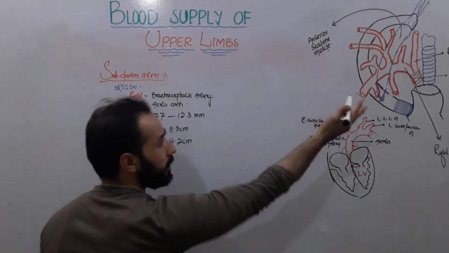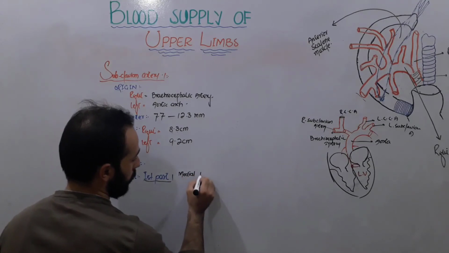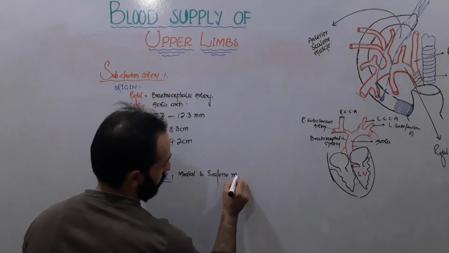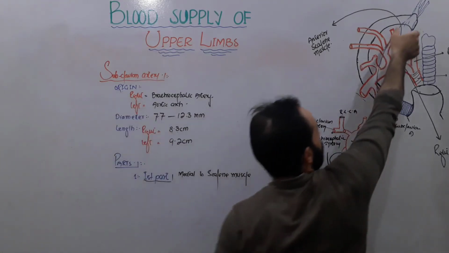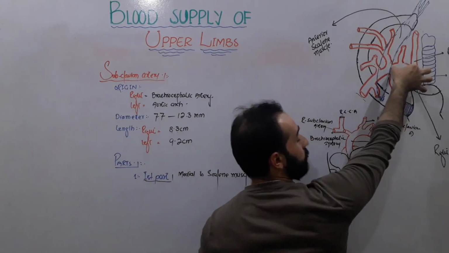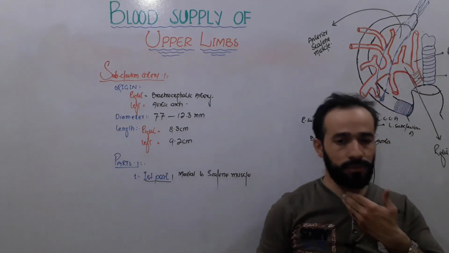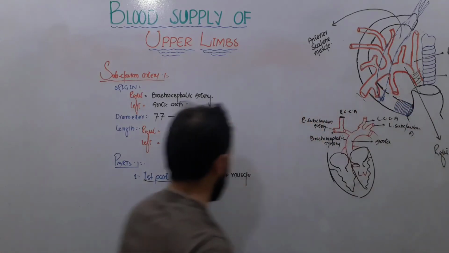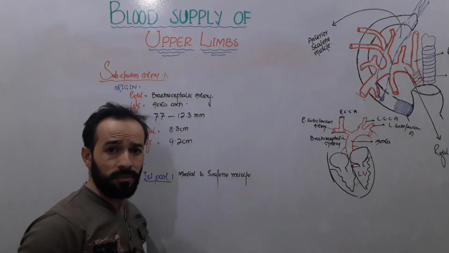The first part is medial to scalene muscle. You can see here, this is our scalene muscle. So this part of this left subclavian artery is the first part of this artery, which is medial to the scalene muscle, right friends? Okay, so what are the branches from this first part?